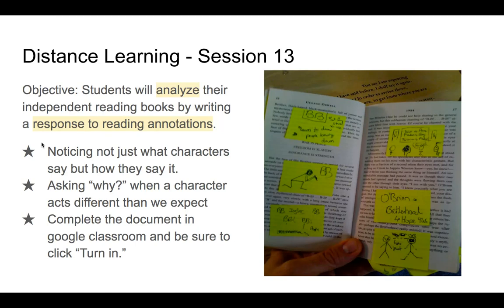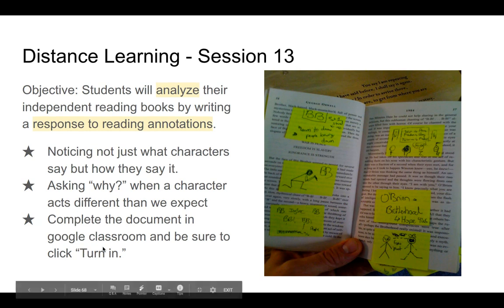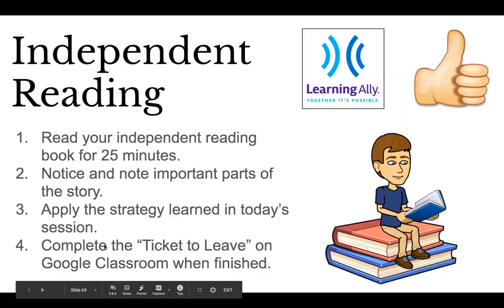I want you to show me how you applied last week's lessons to your independent reading, where you're writing a little bit longer about your annotations. Remember last week we talked about noticing not just what the characters say, but how they say it, asking why when a character acts differently than what we expect. There's a form or a document on Google Classroom for you to type your work into, and then just be sure to click turn in when you've done it.